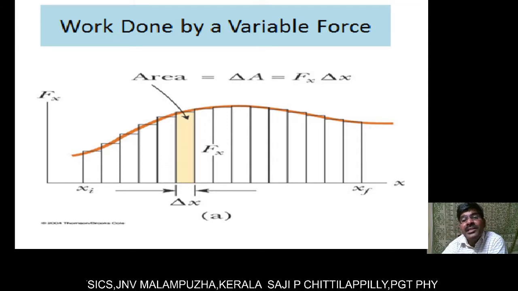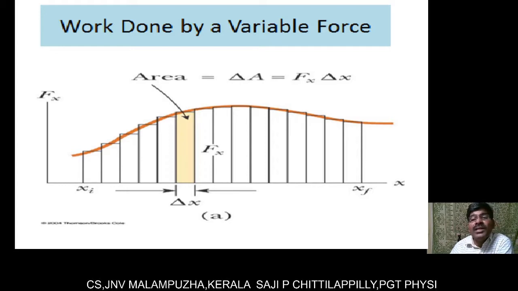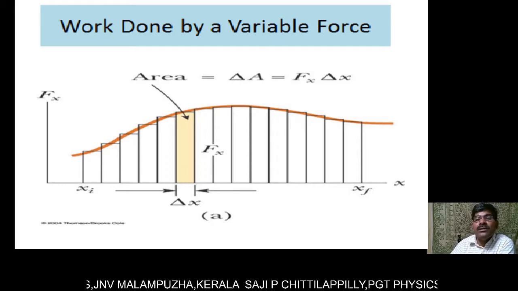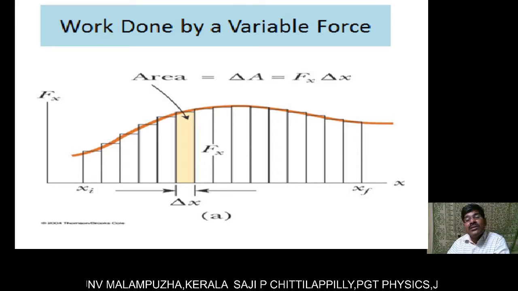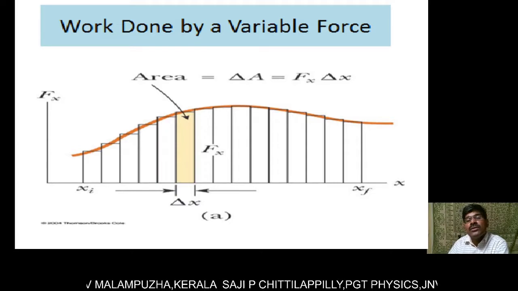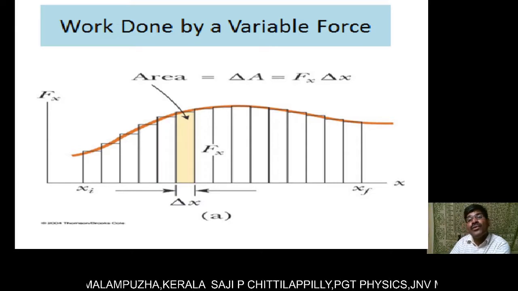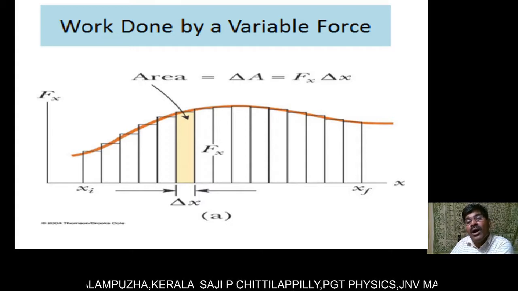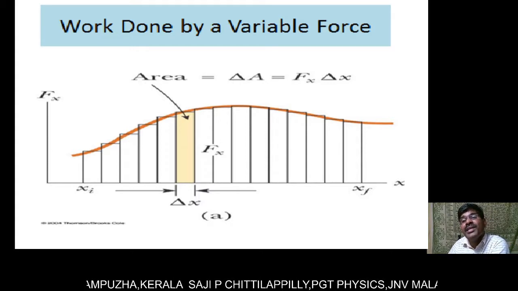We can write total work done is the total area, sigma i equal to 1 to n of Fi delta xi.